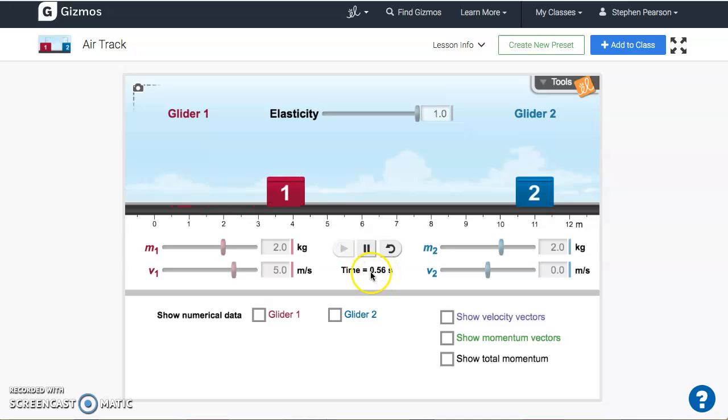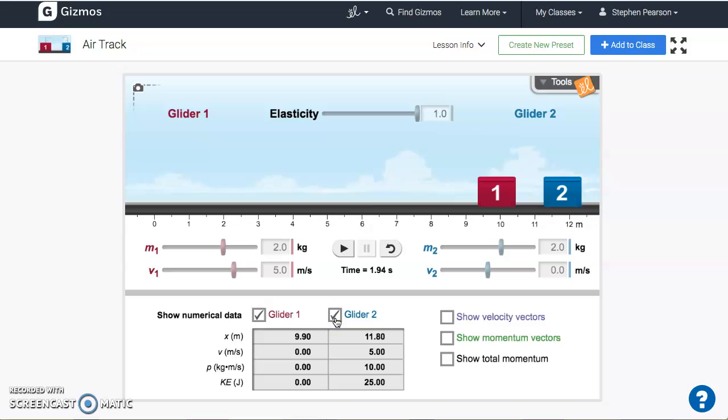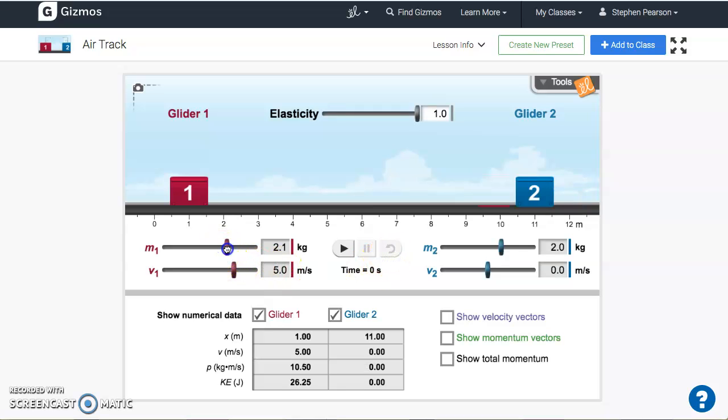If I press play, when these collide, I can see I started with the velocity of glider 1 at 5 meters per second. When they collided, that same velocity transferred to the second object. They have the same mass, and you guys were able to come up with your own situations.